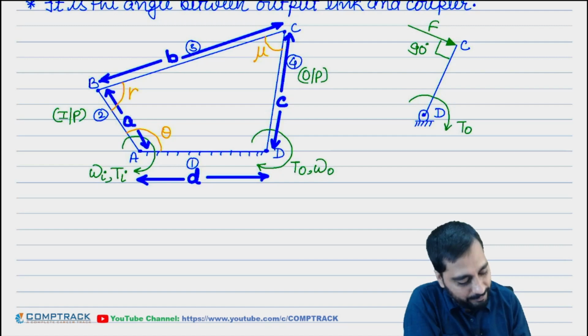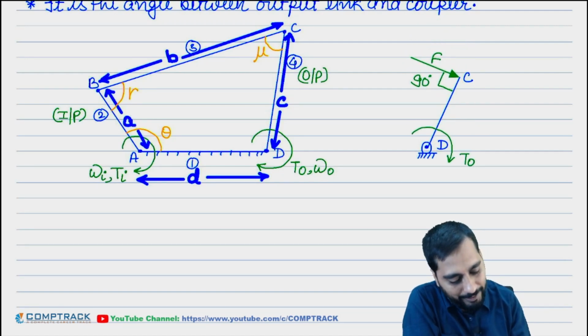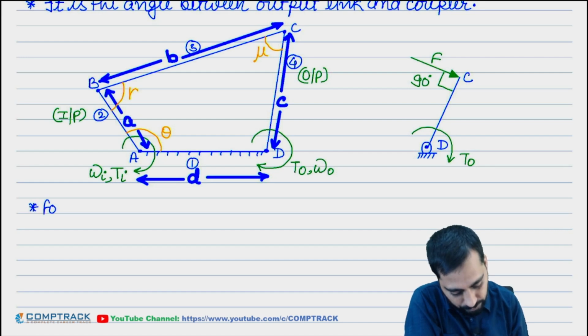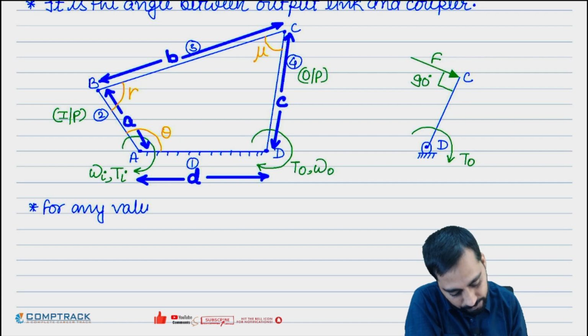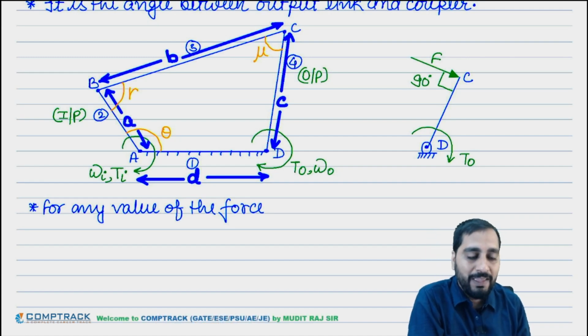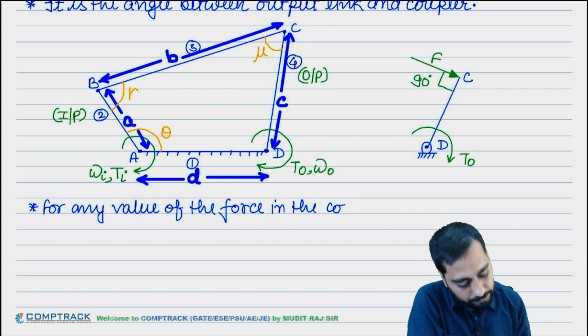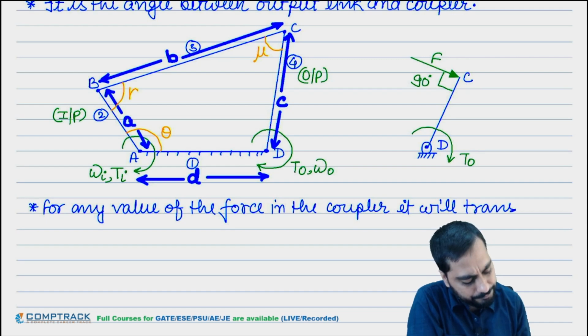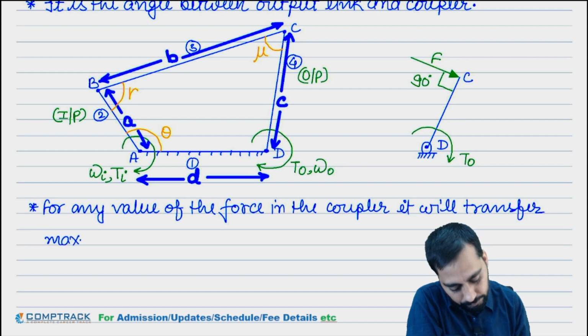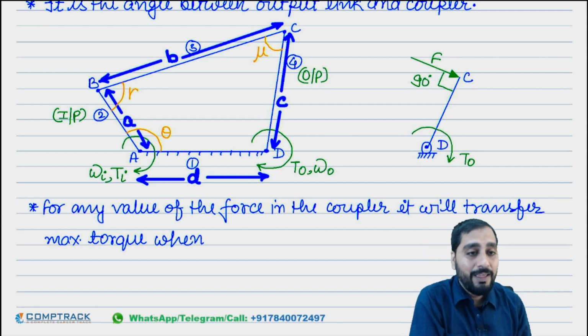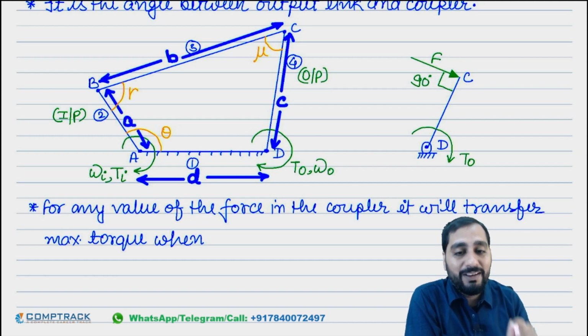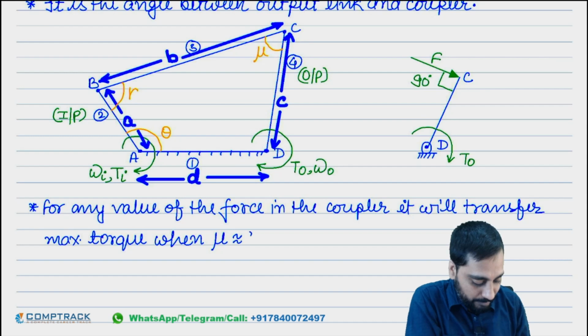So you can write here: for any value of the force in the coupler, it will transfer maximum torque when mu is 90.